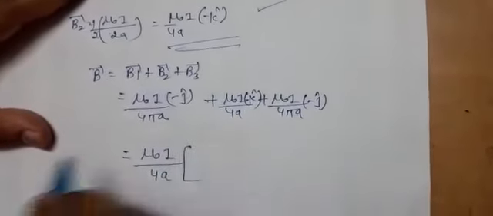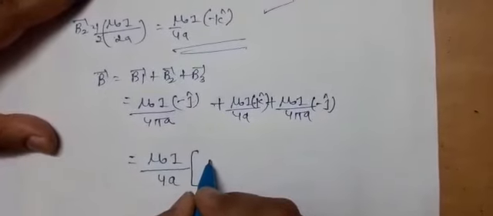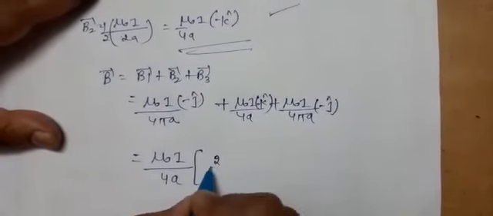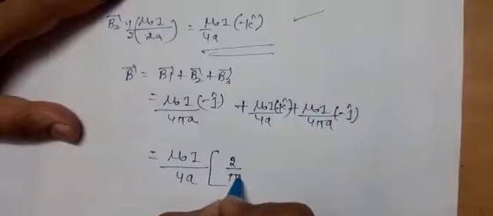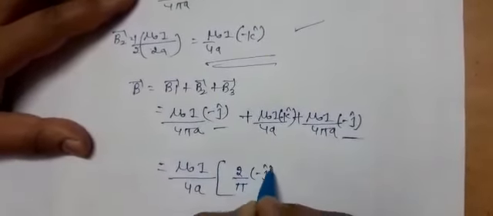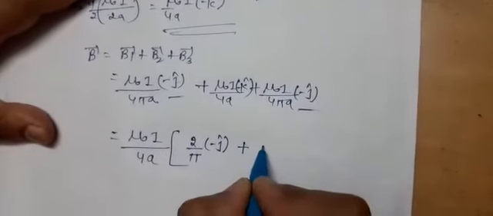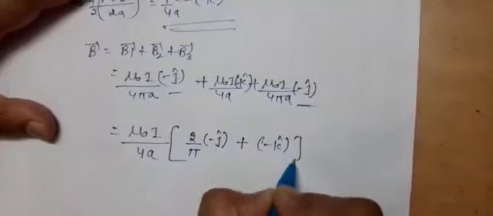If I take it common from all three, what you get is 2 upon pi, this is one factor, along minus j, plus 1 by 2 along minus k.